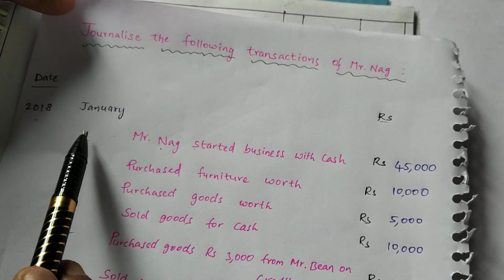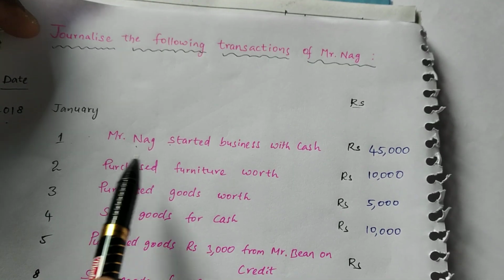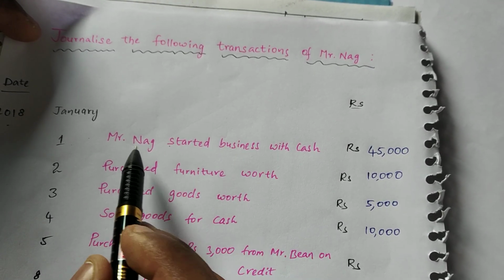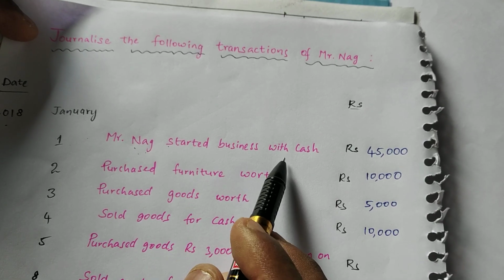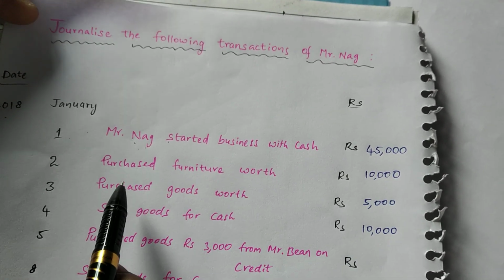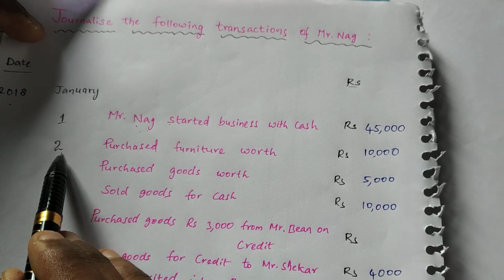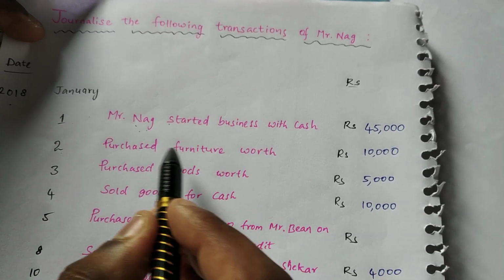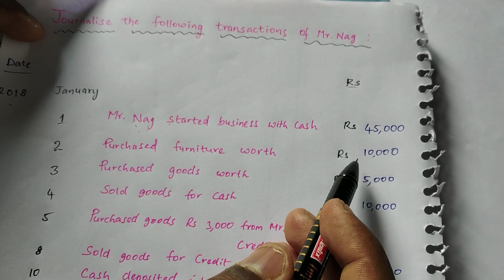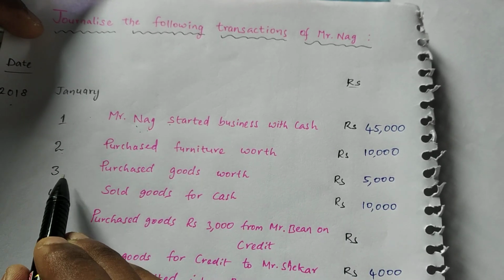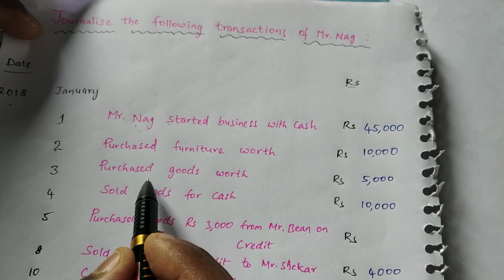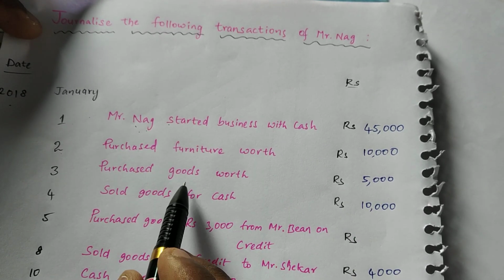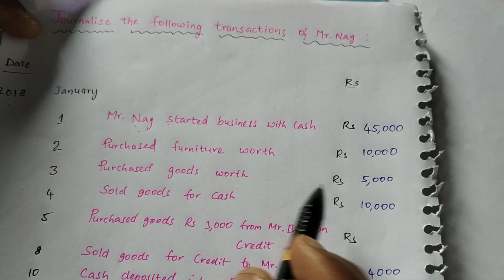On 2018 January 1st, the first transaction is Mr. Nag started business with cash, rupees 45,000. Second, on January 2nd, purchased furniture worth rupees 10,000. On January 3rd, purchased goods worth rupees 5,000.